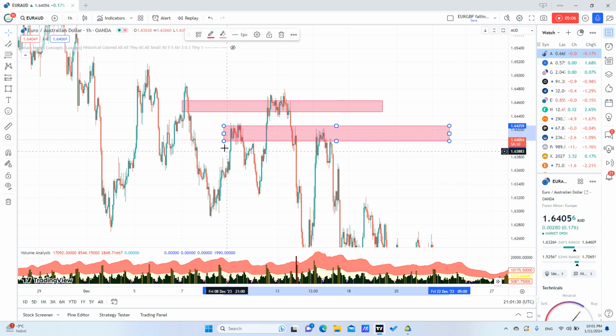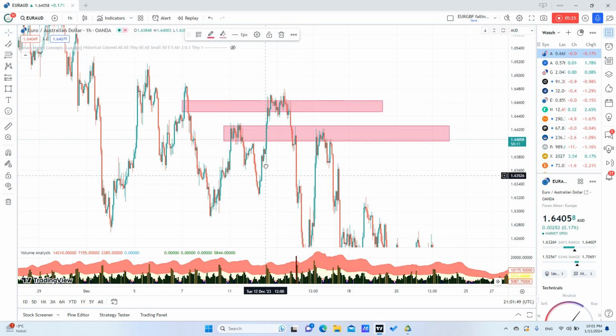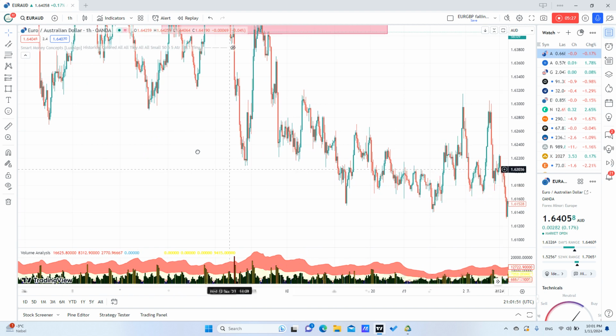So to induce sellers, when they see this weakness here, they may start putting their sell orders and their stop losses here, and after that it makes the UTAD and then the upthrust, and went down like crazy.